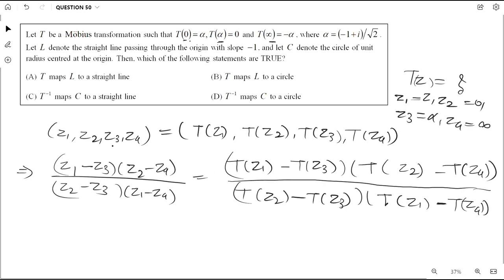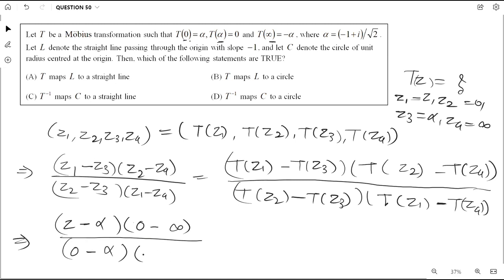Putting these values in this equation, we get (z minus alpha) into (0 minus infinity) divided by (0 minus alpha) into (z minus infinity).